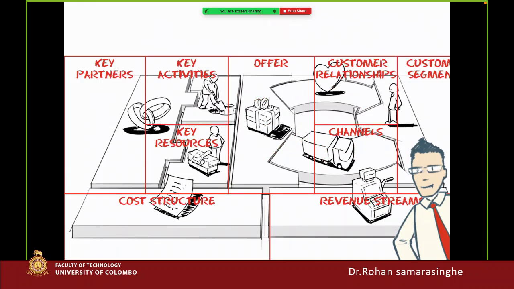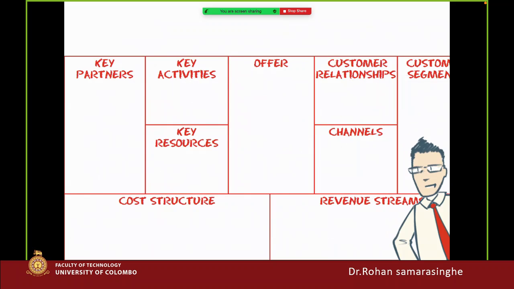Here you can see this once again: the 9 business model blocks: key partners, customer segment, customer relationships, channels, revenue streams first, then key activities, key resources, cost structure, and key partners.